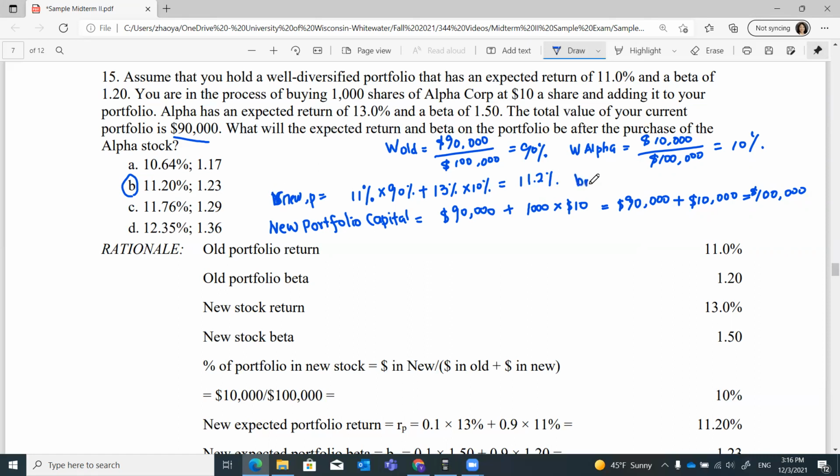The beta of the new portfolio is going to be the beta of the old one, 1.2, times 90% plus 1.5 times 10%.